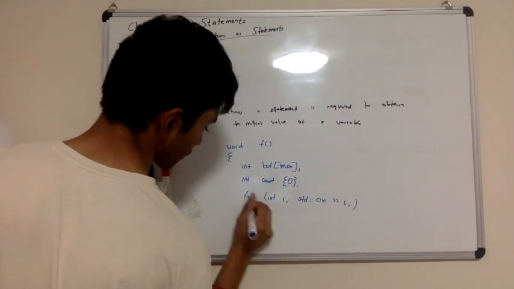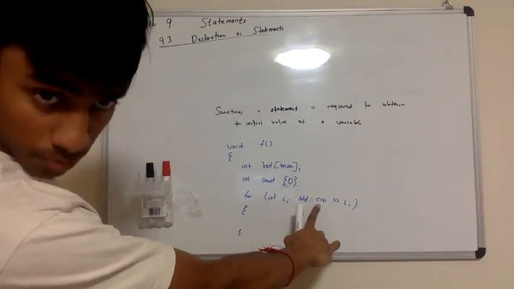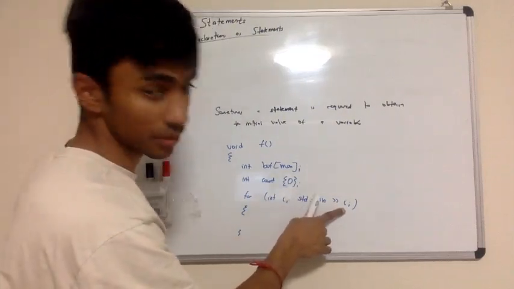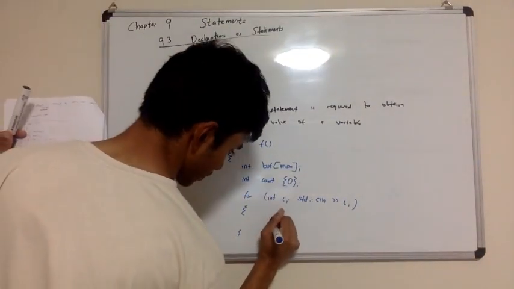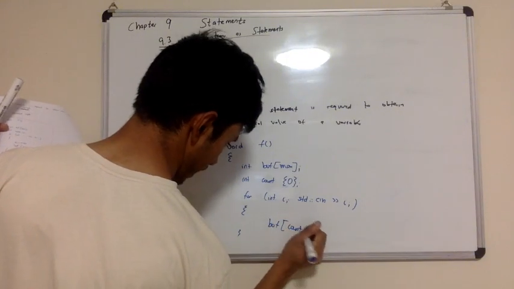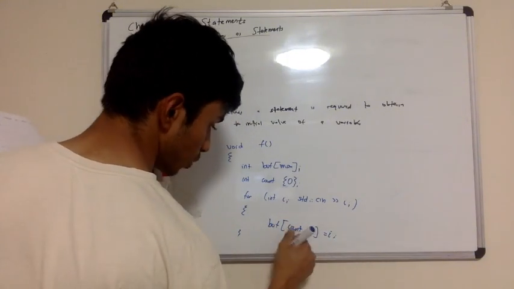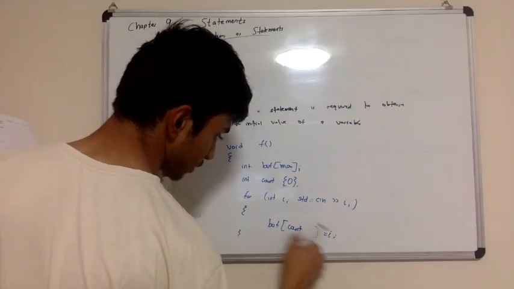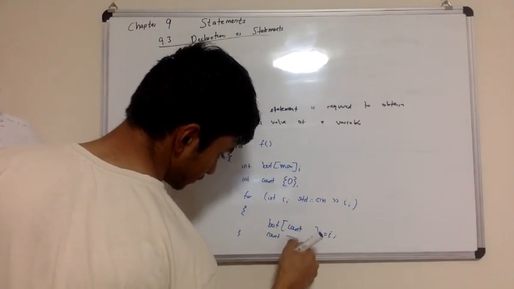So essentially what this is saying is, while the user provides some standard input and that standard input can be redirected into i, you can do something like buff[count++] equals i. Or maybe for now I'll just say buff[count] equals i, and then we increment count by 1.